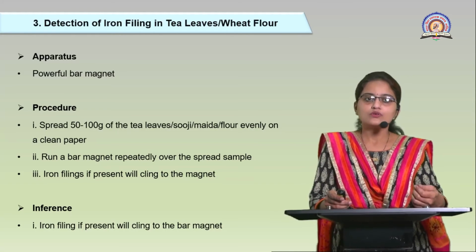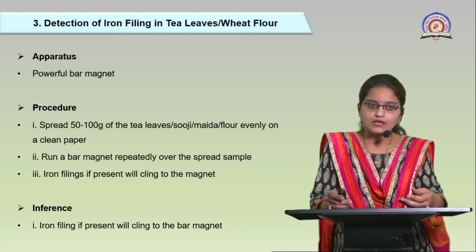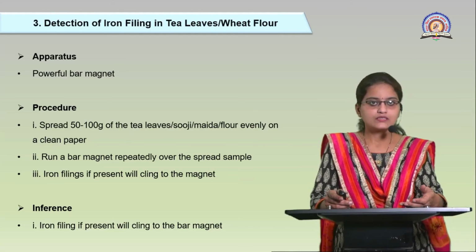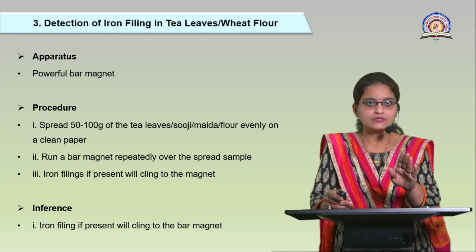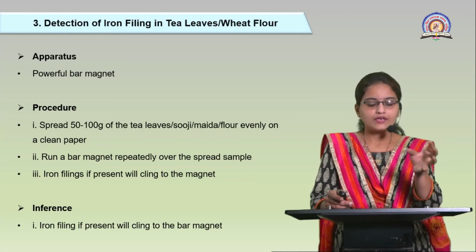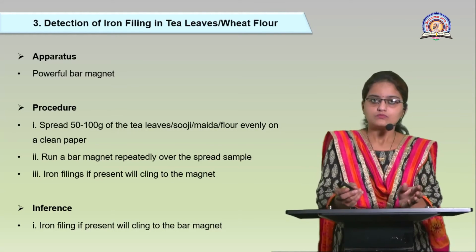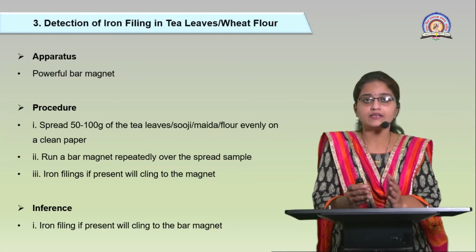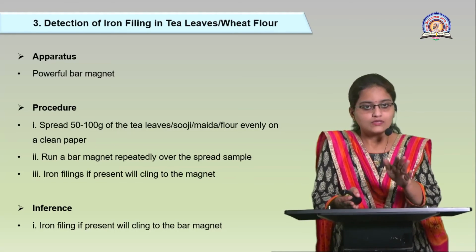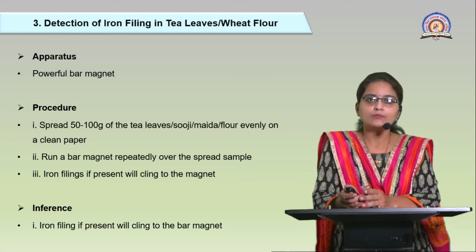So for detection of iron filings in wheat flour, a powerful bar magnet can be used. Now it follows a very basic principle that a magnet attracts iron, right? Whenever we do the experiment of magnet and iron, the magnet always attracts the iron. So that's why we are using the powerful magnet bar.